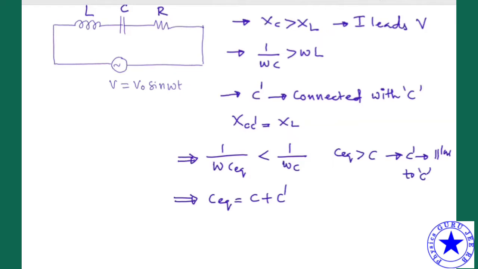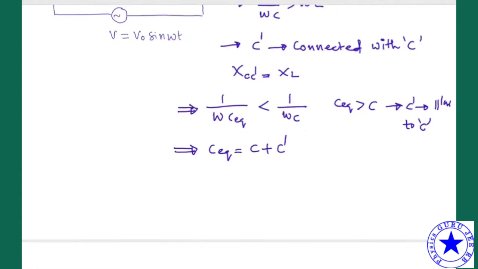After C' is connected, we'll use the formula for resonance. Now, what is the condition for resonance?